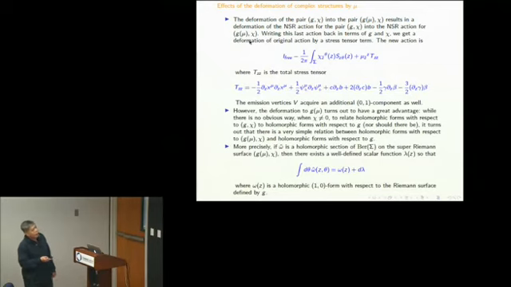Here's the exact formula. This full stress tensor is due to the presence of all these fields, x, psi, cb, beta, gamma. But let me call your attention particularly to these components, which are due to x and psi, because these are going to be involved with our computations of vertex operators.